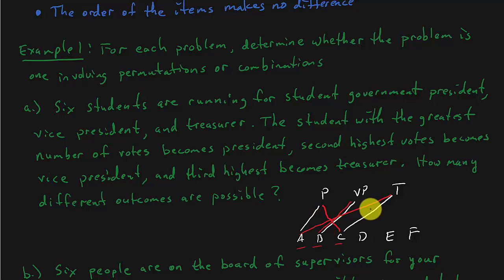That's a different outcome. So in this one, the order made a difference, didn't it? In the first one, it was A, B, and then C as far as highest votes to lowest votes. In the other one, it was C, B, and then A, from most votes to fewest votes. All right? And it's a different outcome. The order made a difference. So this would be a permutation.